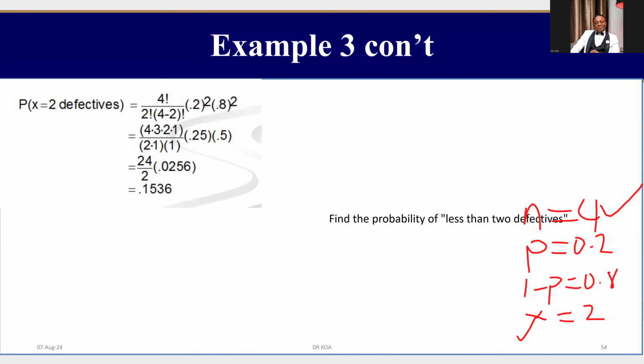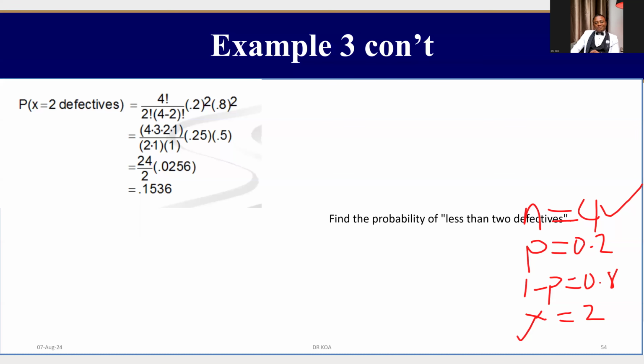That's the chance of getting 2 out of the 4 to be defective. Remember that historically it is normally 20%. But in this very example, because of the probability of success here, that's it.